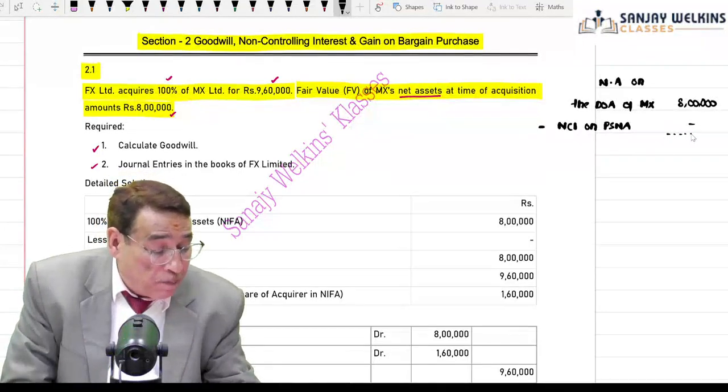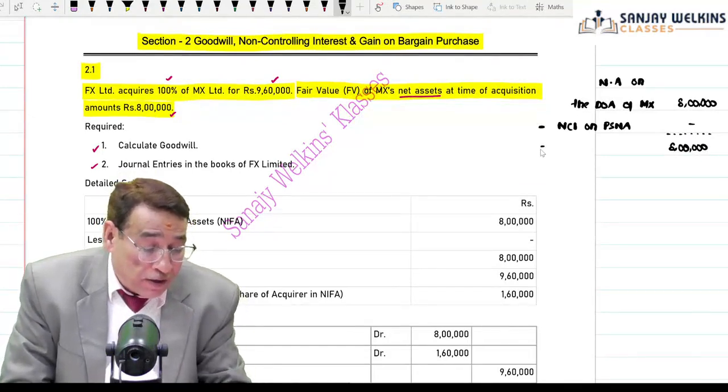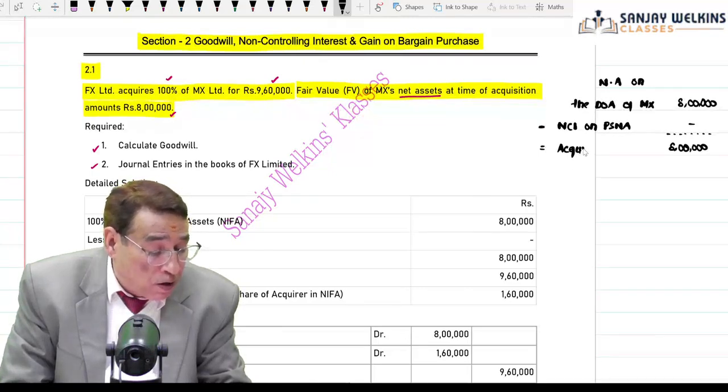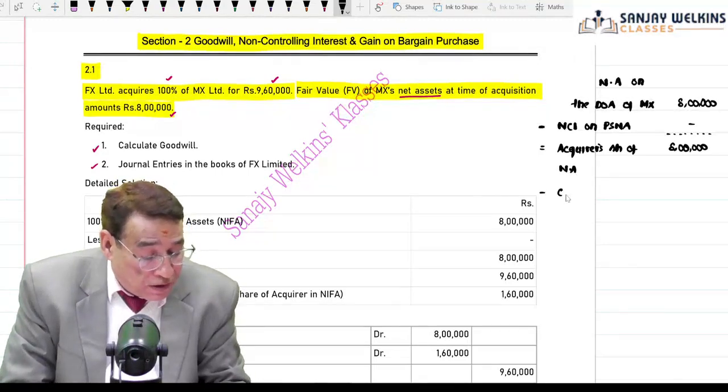So that means the entire 8 lakh worth of assets belongs to the acquirer. So the acquirer's share of net assets will be equal to 8 lakh. And now you compare it with the amount of consideration transferred.